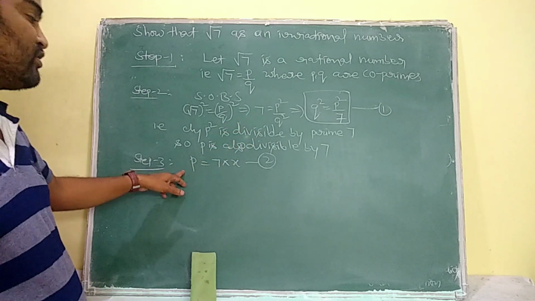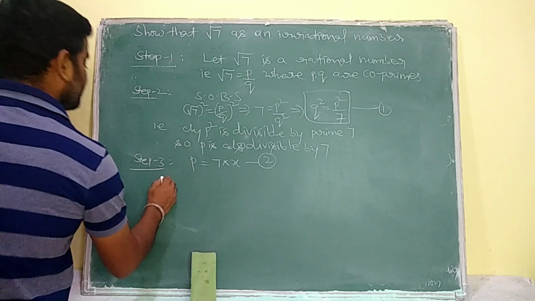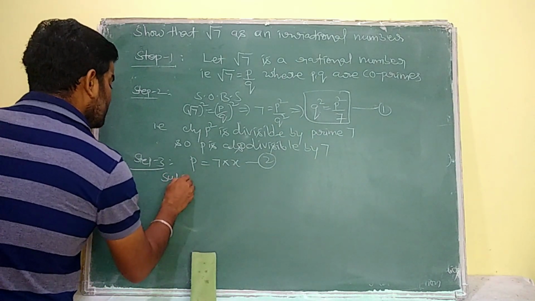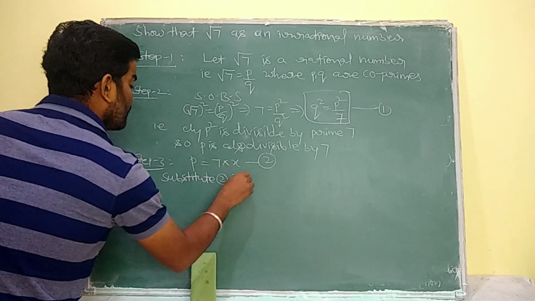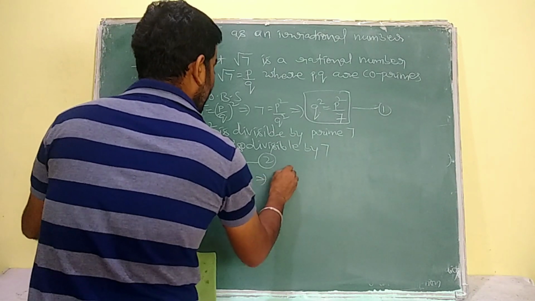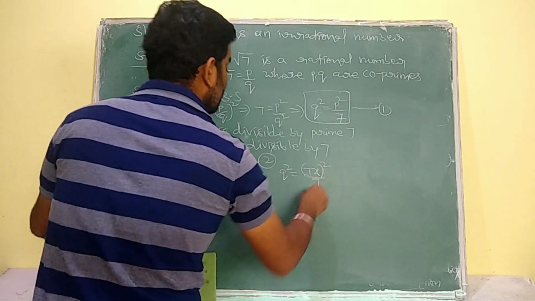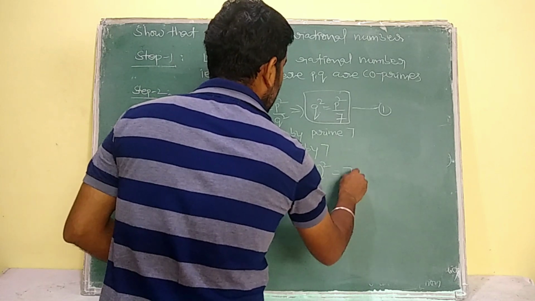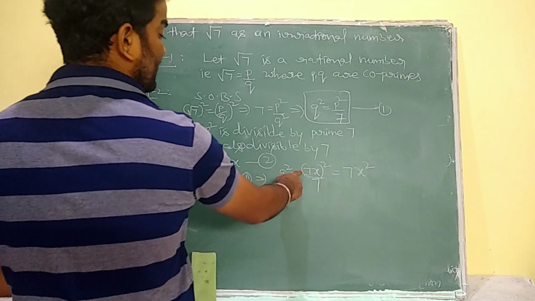Now I will substitute this p value in equation 1. Substitute 2 in 1. By that we will get q square is equal to 7x whole square by 7. That gives us 7x square. Why? Because one 7 and another 7 are going to be cancelled here.